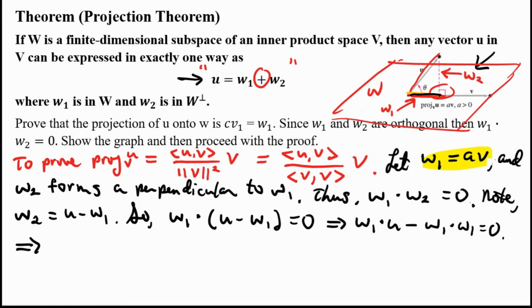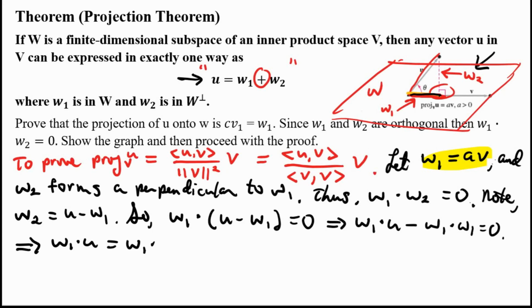So this implies then that W sub 1, let me just write it, this is W sub 1 dot with u, that's equal to, I'm going to add the dot product of W sub 1 and W sub 1 on the other side.